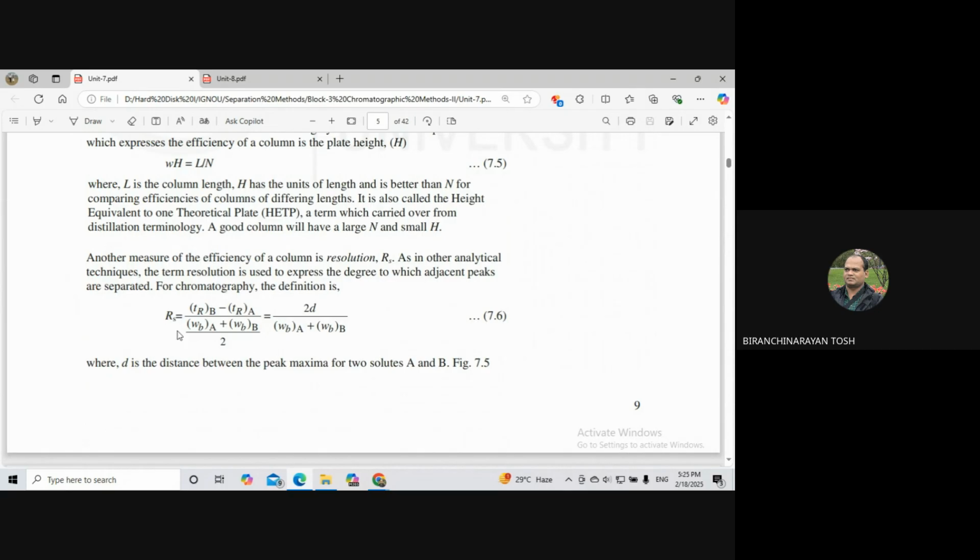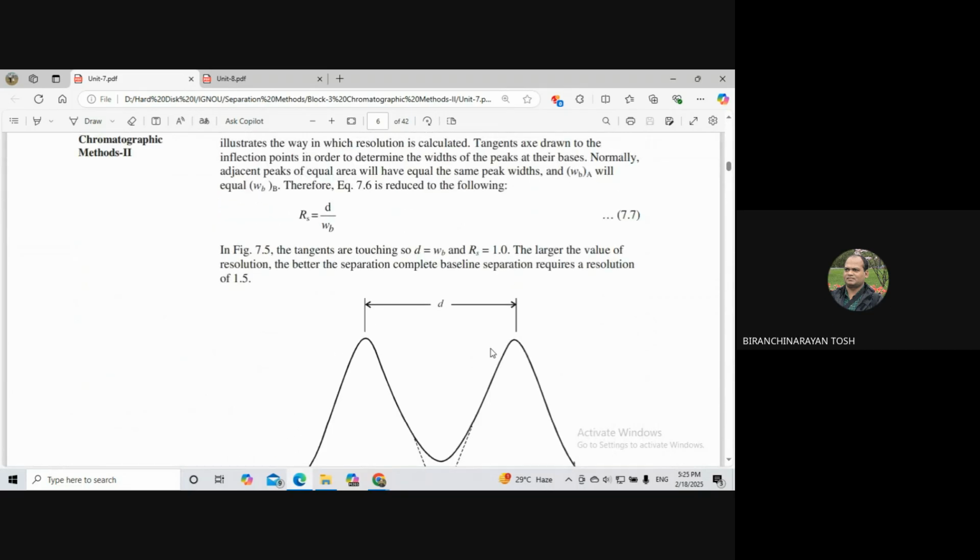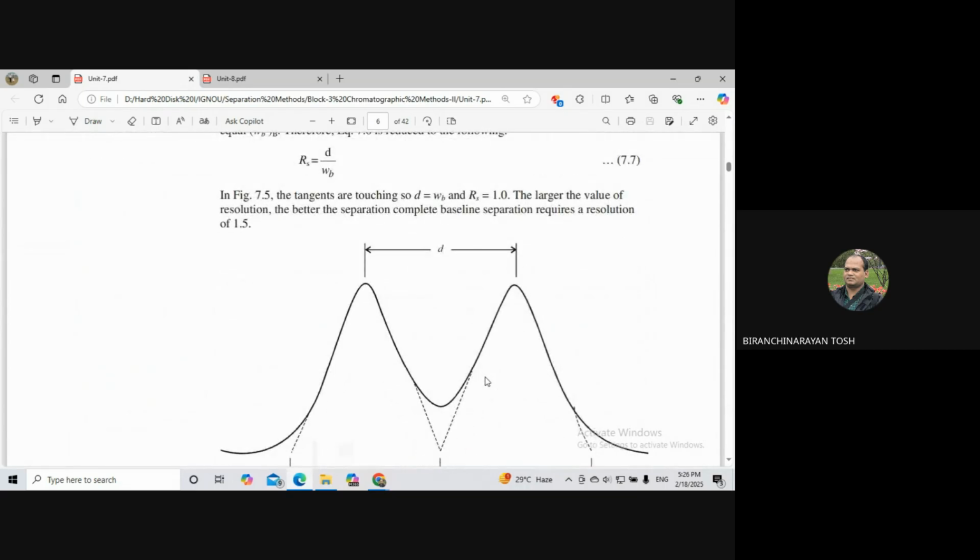By definition, it is equal to Tr of B minus Tr of A divided by Wb of A plus Wb of B divided by 2, which is equal to 2D divided by Wb of A plus Wb of B. D is the distance between the peak maxima of two solutes A and B. So this tells about how the resolution will be calculated.